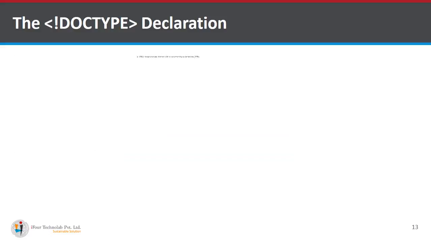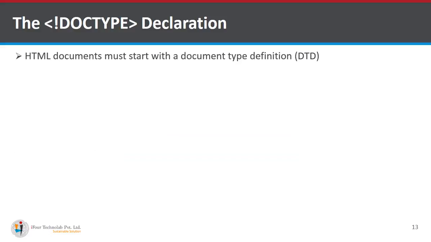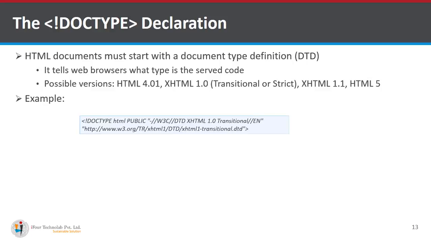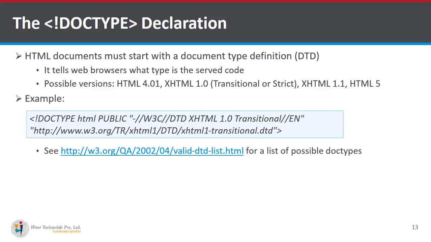Now, the Doctype declaration. I already explained what a Doctype declaration is. It is just giving information to the browser about what type and version of HTML we have used. Possible versions other than this Doctype are HTML 4.0.1 and XHTML 1.0. Some examples.